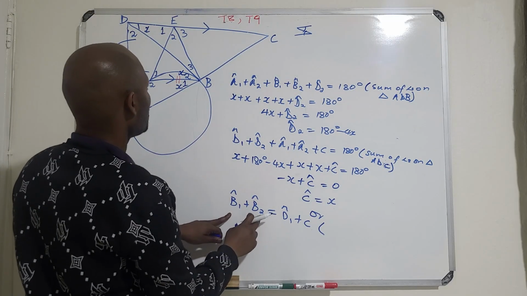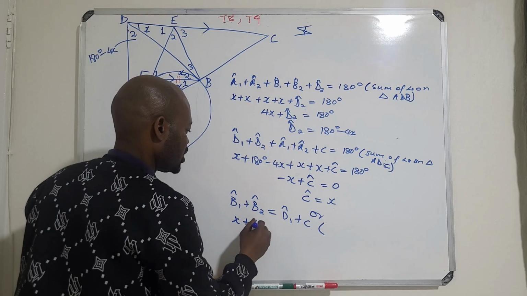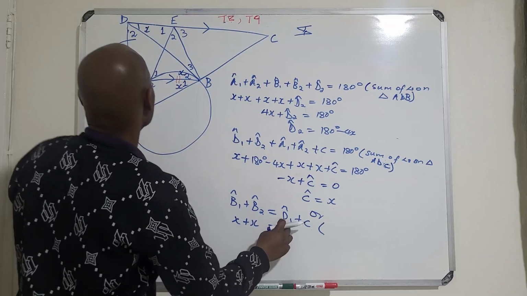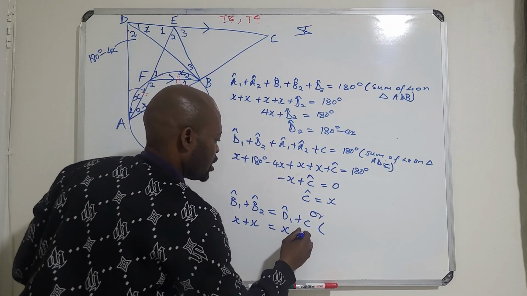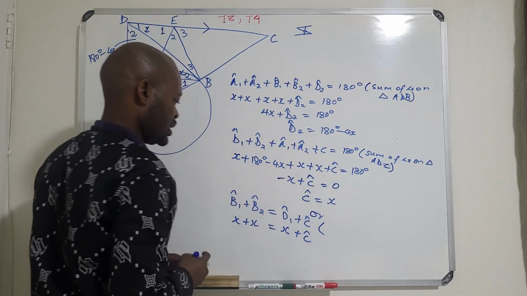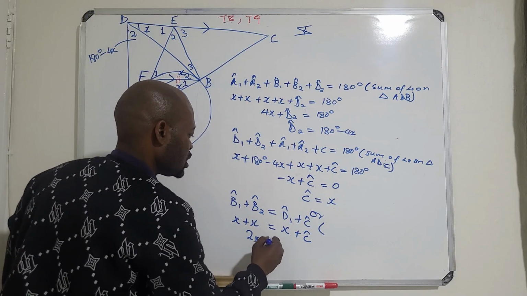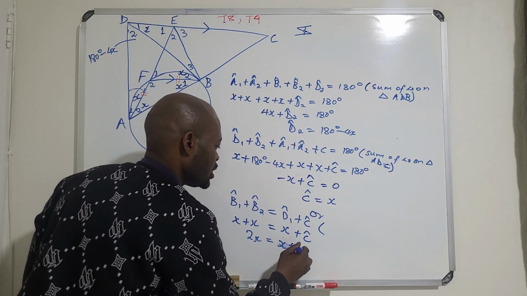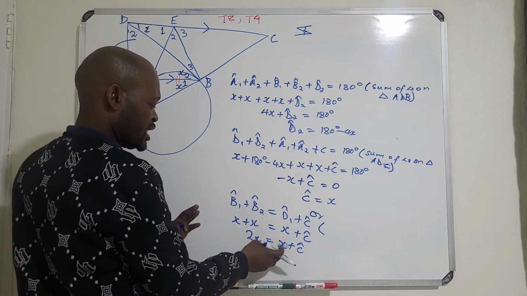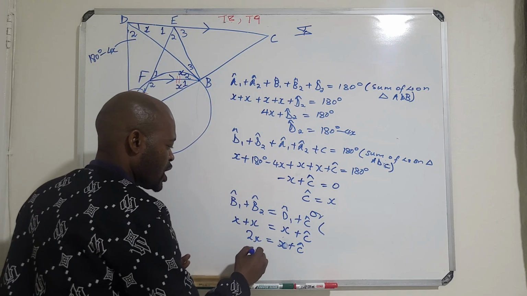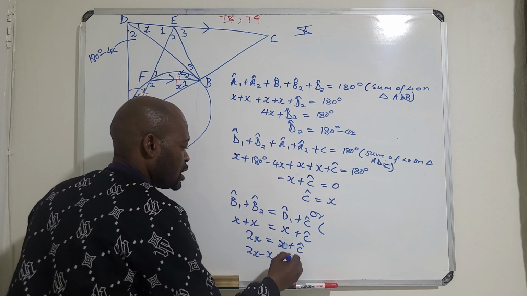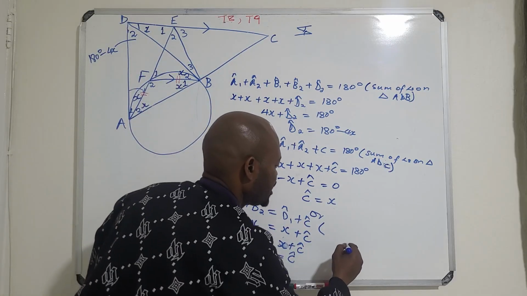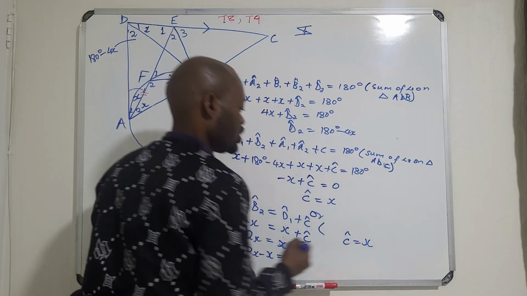Therefore, we know B1 plus B2, x plus x, is equal to D1, which is x there, plus angle C. Now 2x is equal to x plus angle C. I take this x there, it's going to be 2x minus x equals angle C. You can see that angle C is equal to x.